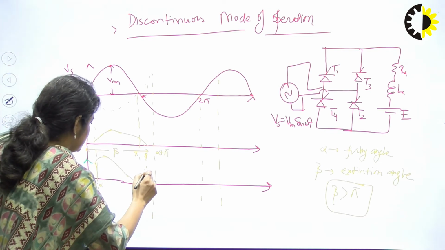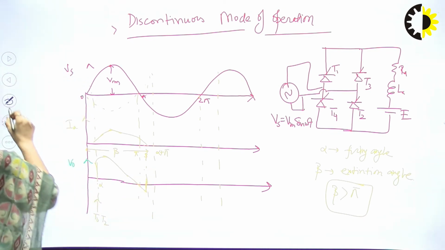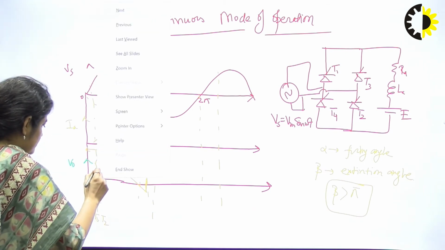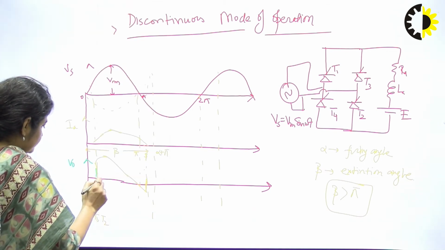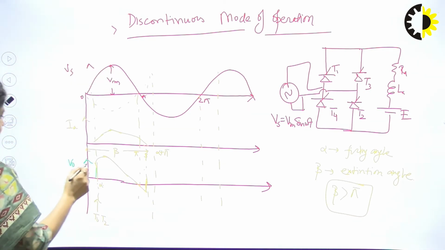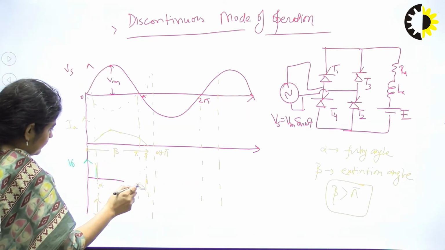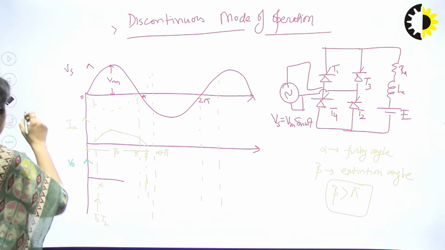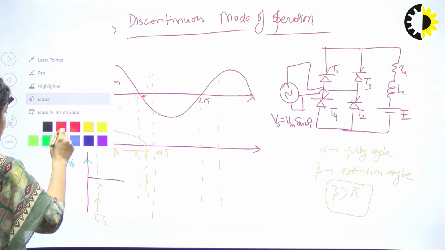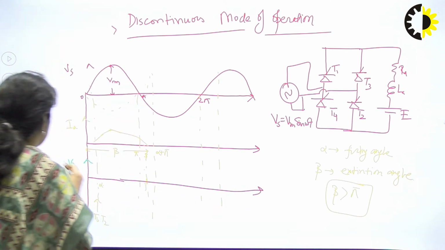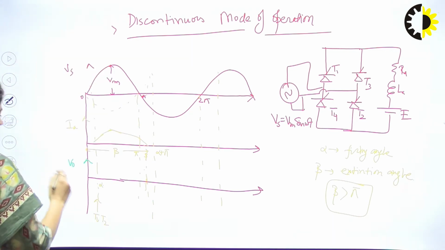We have to draw this with the green so that you can understand. So I just remove first. With the help of a different color, you can understand better, right? Now I'm just taking the green.